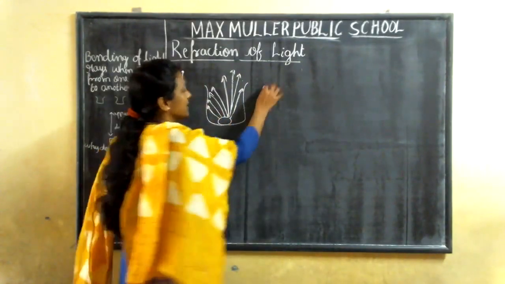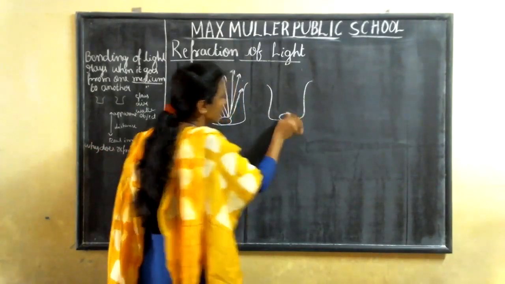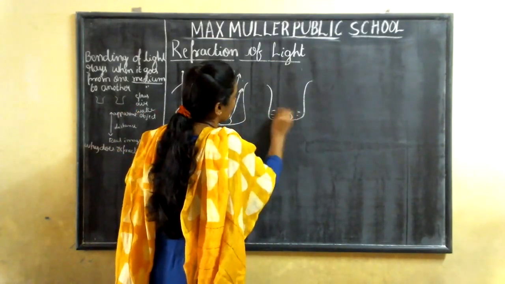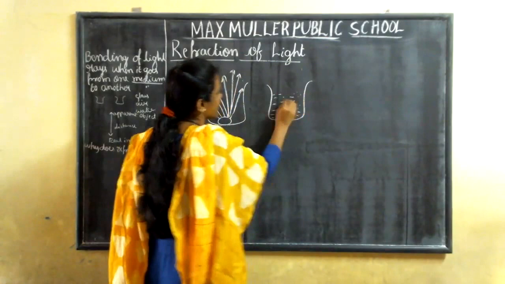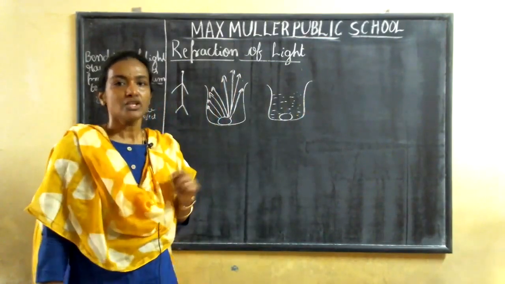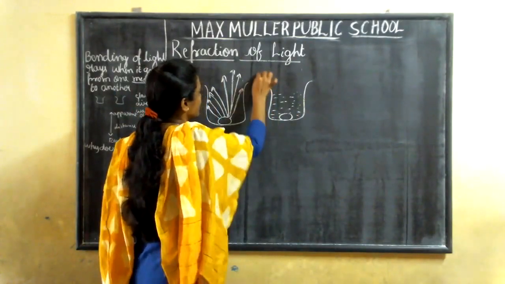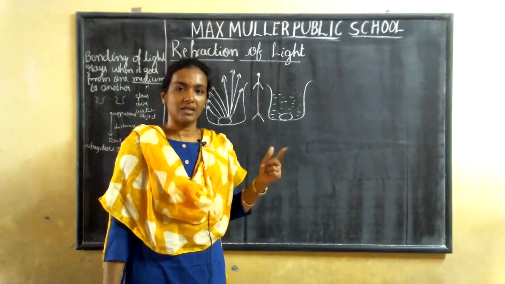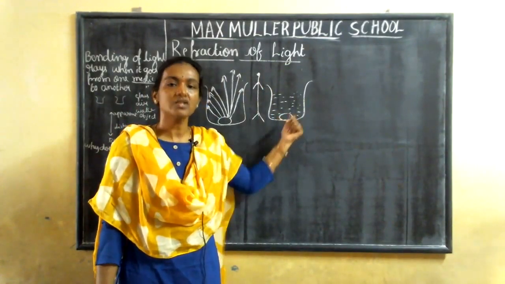Second, take the same container and place the object where you kept it before, and now pour some water into this container. Now I am saying again, stand beside the place where you were standing before. Now you can see this object.